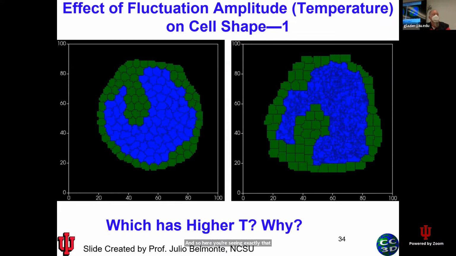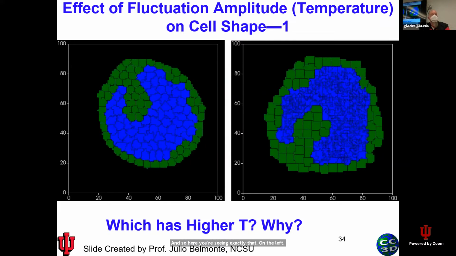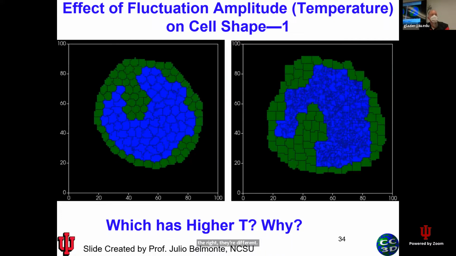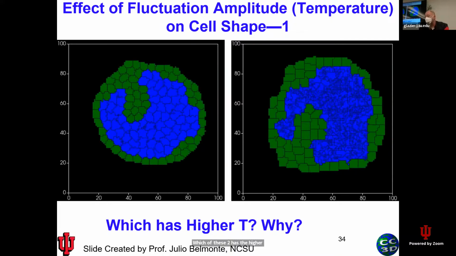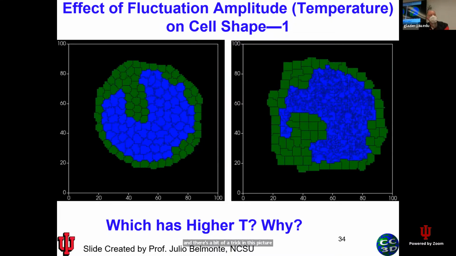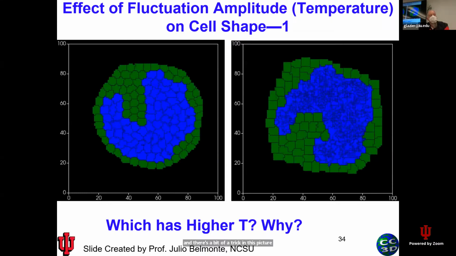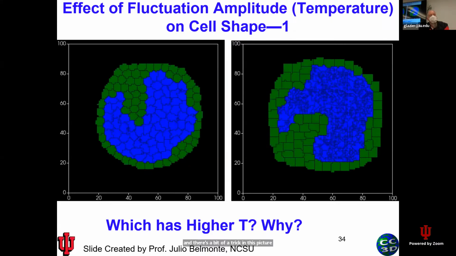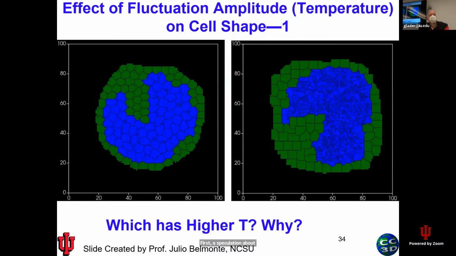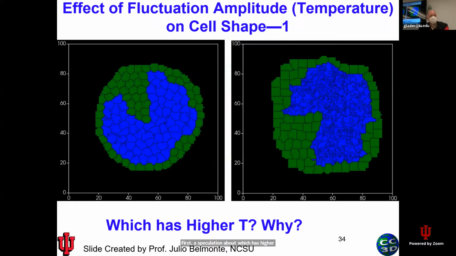On the left and the right, they're different. Which of these two has the higher fluctuation amplitude? And there's a bit of a trick in this picture. First, a speculation about which has higher fluctuations, and secondly, what's the trick?